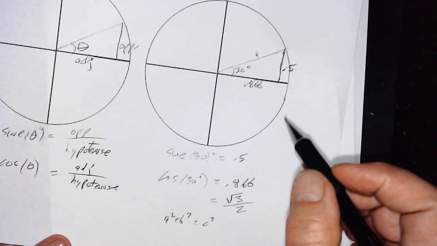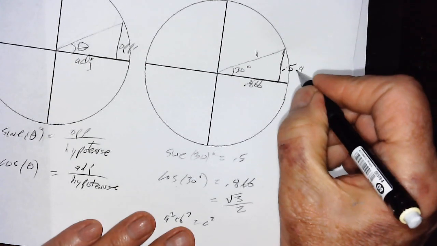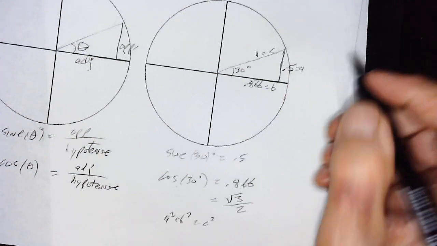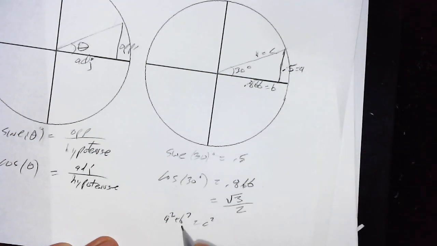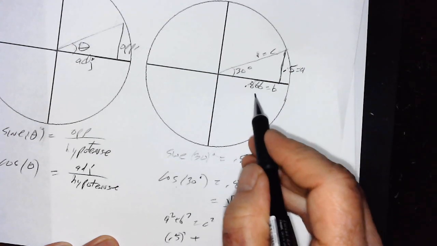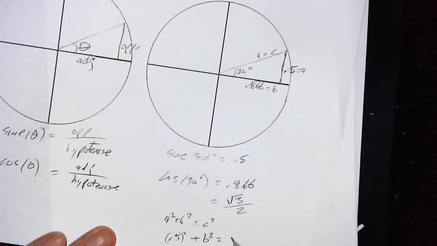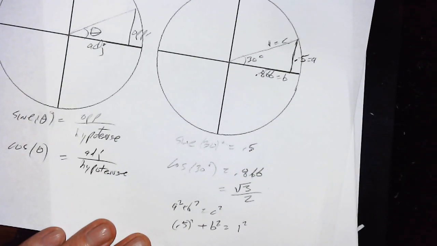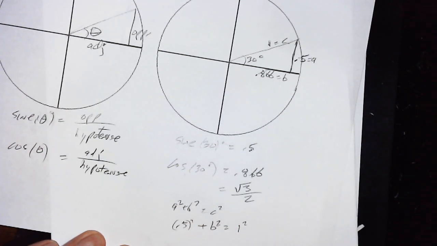This side is A, this side is B, and the hypotenuse is C. Then A squared plus B squared equals C squared, which means 0.5 squared plus B squared equals 1 squared, because the length of the hypotenuse is 1. So now we can use this to find the length of this side here.